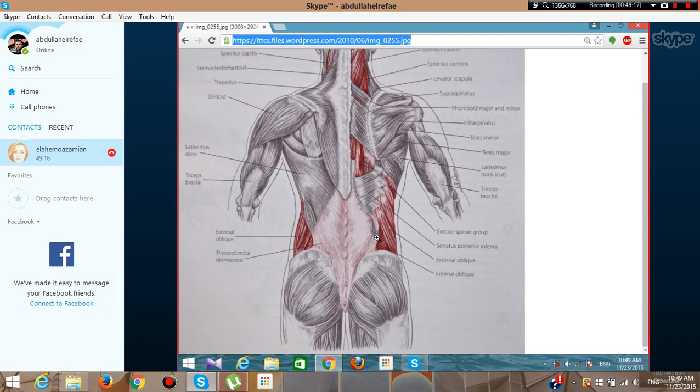Here, the triangle is somewhere here. What are the borders? Do you see this muscle? This is external oblique. So anteriorly, we have external oblique. Posteriorly, here, we have latissimus dorsi. Inferiorly, here we have the iliac crest. And part of the lateral border is also thoracolumbar fascia. And in the floor, we see this muscle. This is internal oblique.